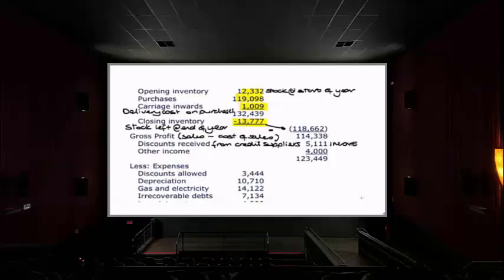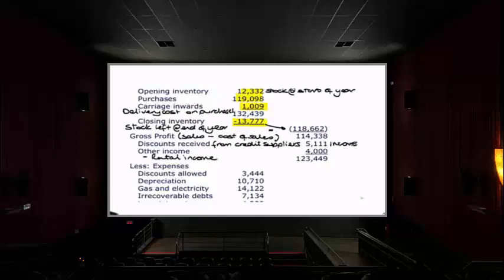But we could also have some other forms of income that is not your main sales revenue. So maybe you have a property on your books, okay, and you're a manufacturing entity, but the property that you have, you don't use it in your business, you rent it out to some tenants instead as an investment property. Well, any rental income that you get from that would not be your main sales income, but that would be an example of other income.